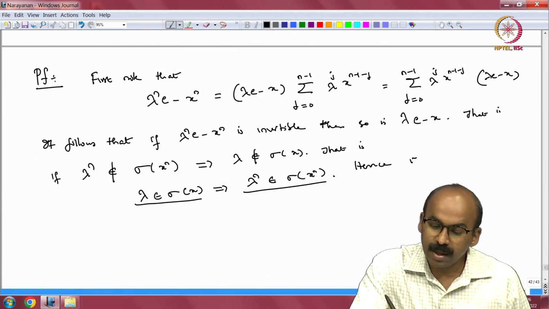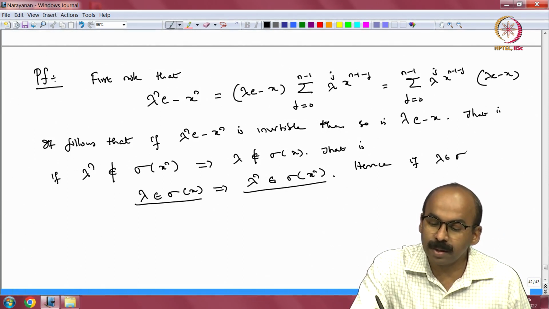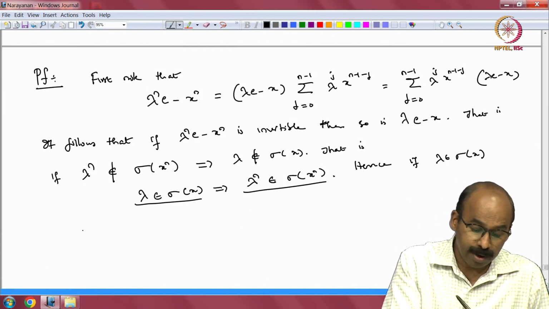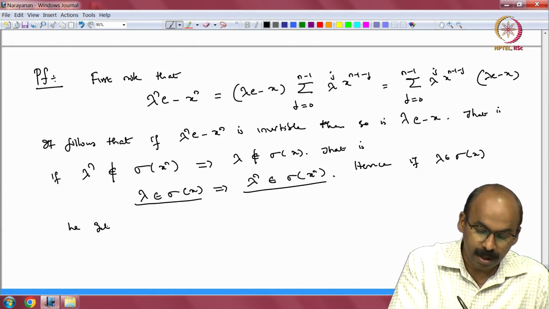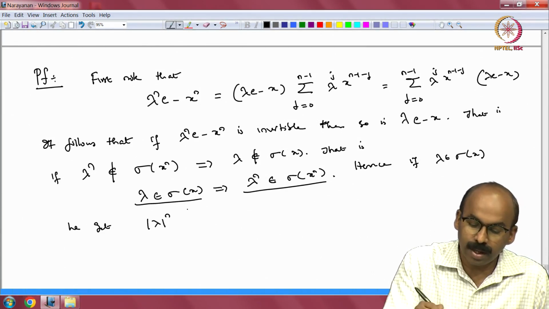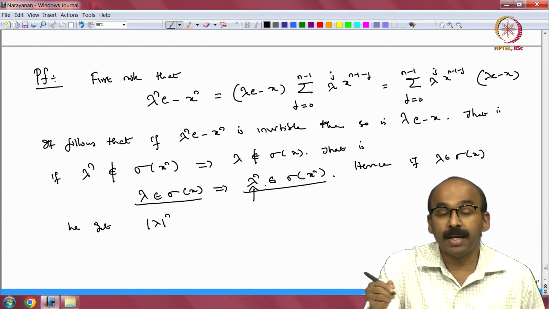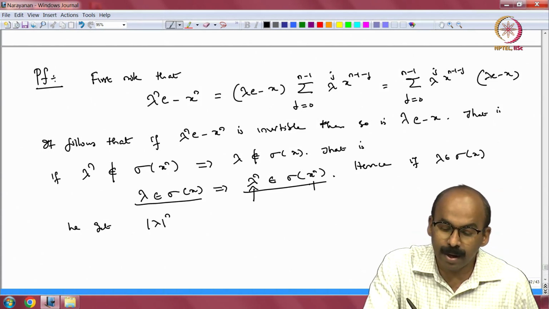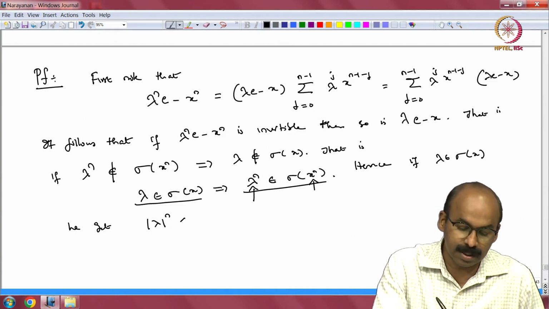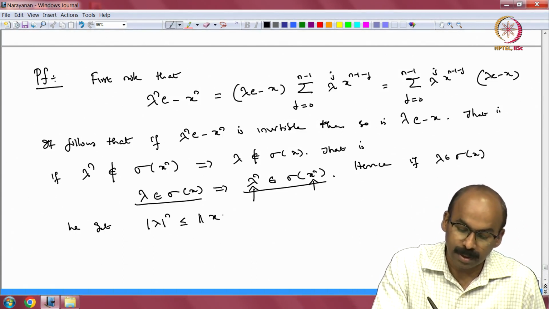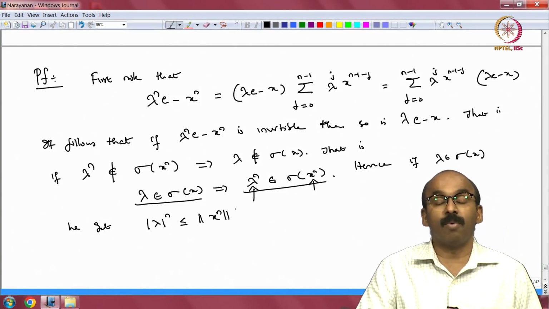So, hence if lambda is in the spectrum of x, we get the inequality: modulus of lambda to the n is less than or equal to the norm of the element, that is, less than or equal to norm of x to the n, right.